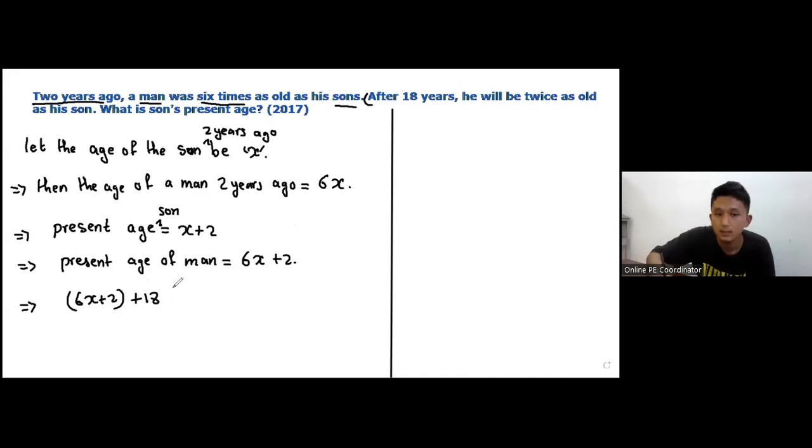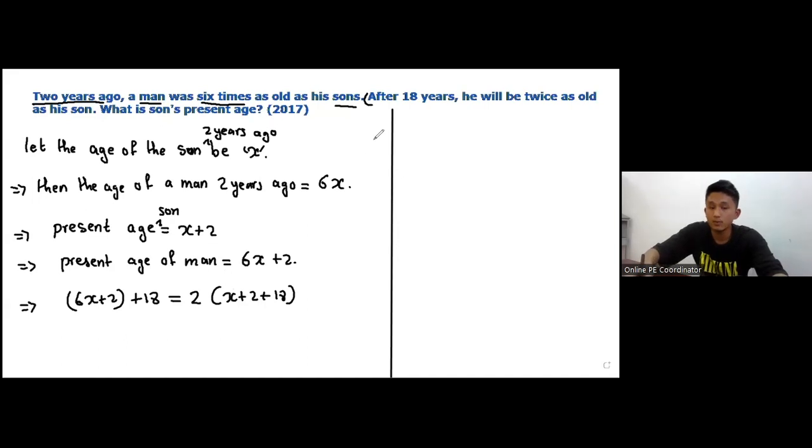He will be twice as old as his son, so it will be 2 times the present age of the son, x plus 2, plus 18. You know why we are doing this 18? Because it is in the future, after 18 years. So that's why we are doing 2 plus 18.